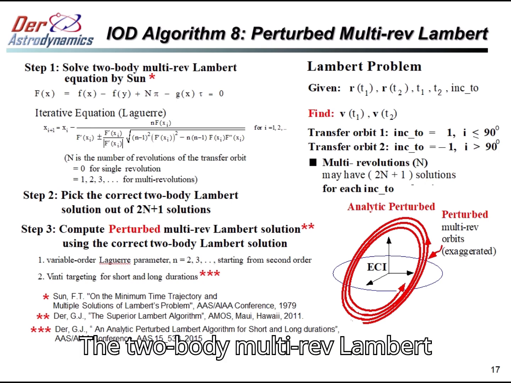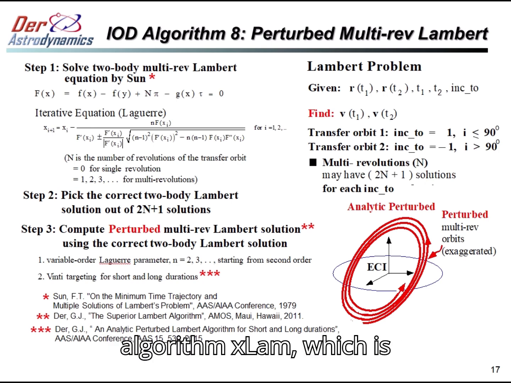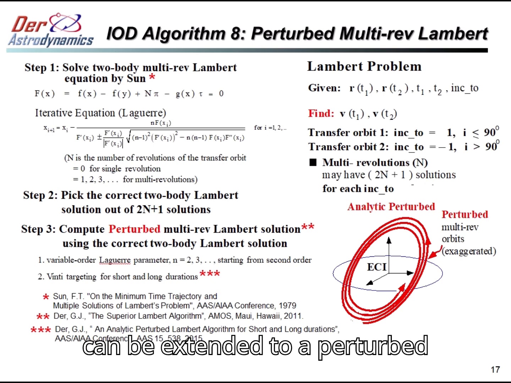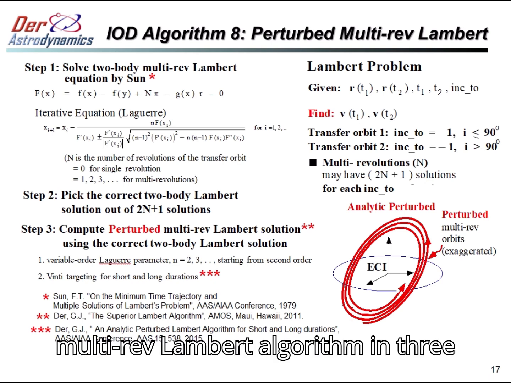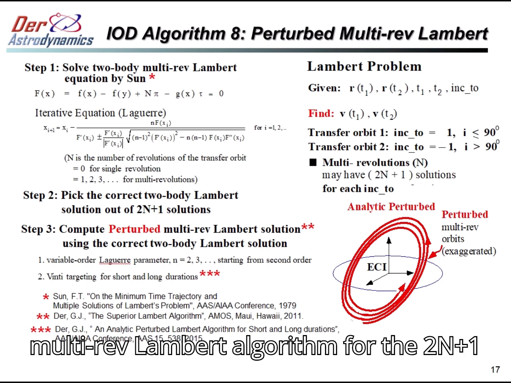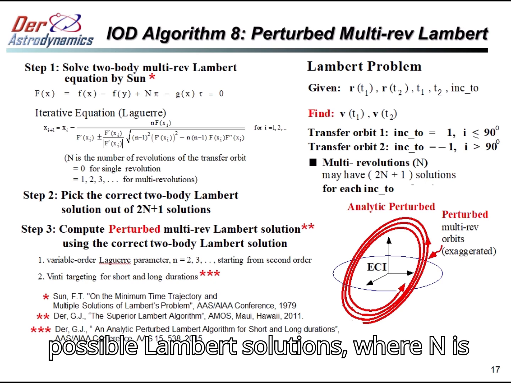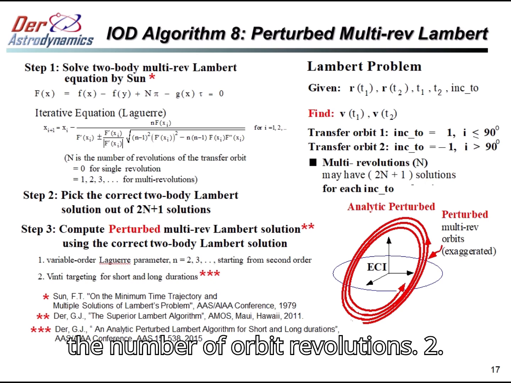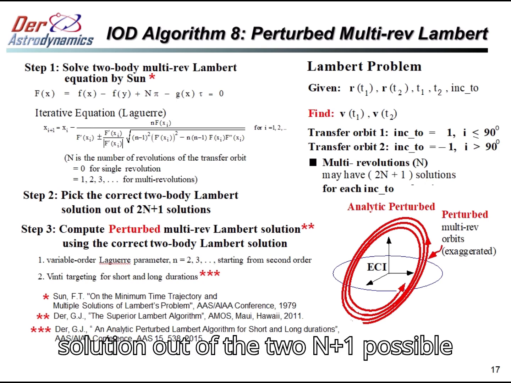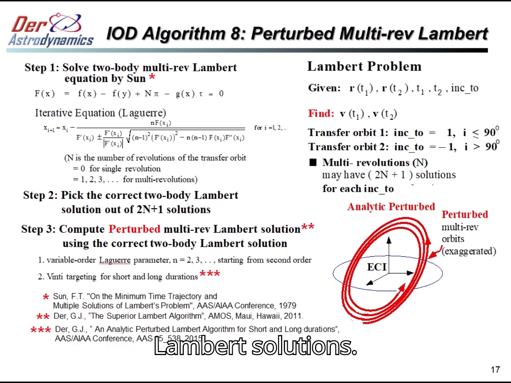The two-body multi-rev Lambert algorithm, XLAM, which is designated as IOD algorithm 8, can be extended to a perturbed multi-rev Lambert algorithm in 3 steps. 1. Solve the two-body multi-rev Lambert algorithm for the 2N plus 1 possible Lambert solutions, where N is the number of orbit revolutions. 2. Pick the correct two-body Lambert solution out of the 2N plus 1 possible Lambert solutions.